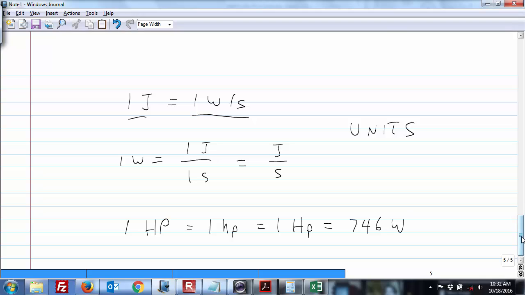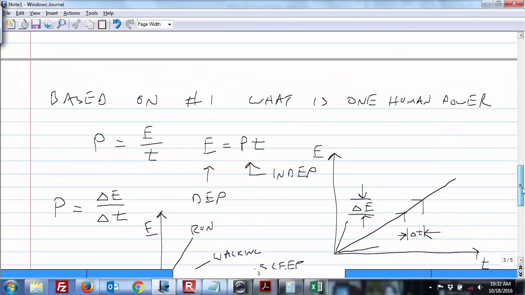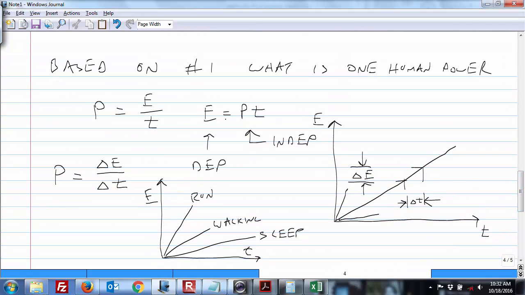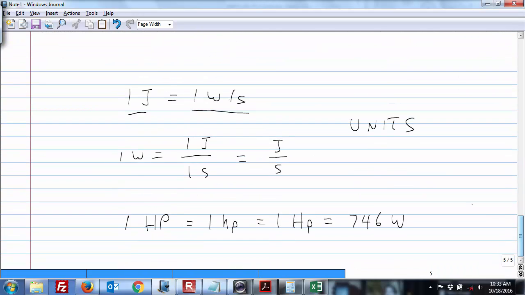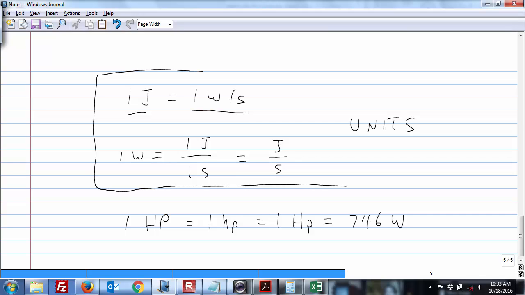So now we understand the relationship between power, energy, and time. We now know how to manipulate the units among power, energy, and time: joules, seconds, and watts.